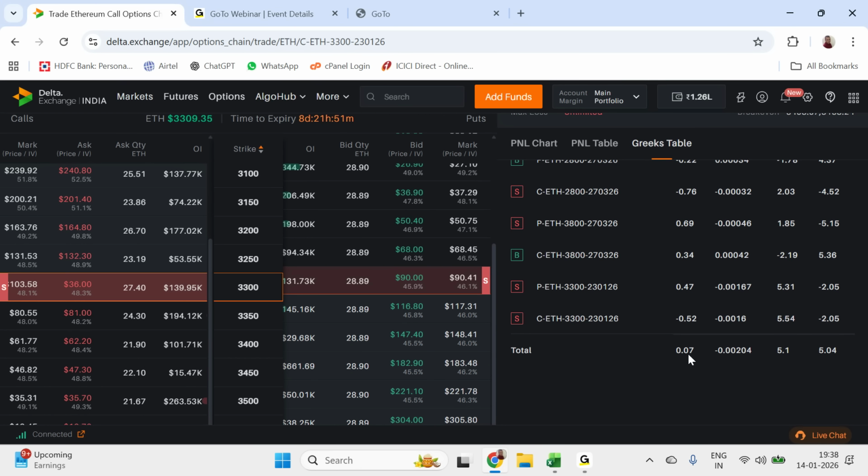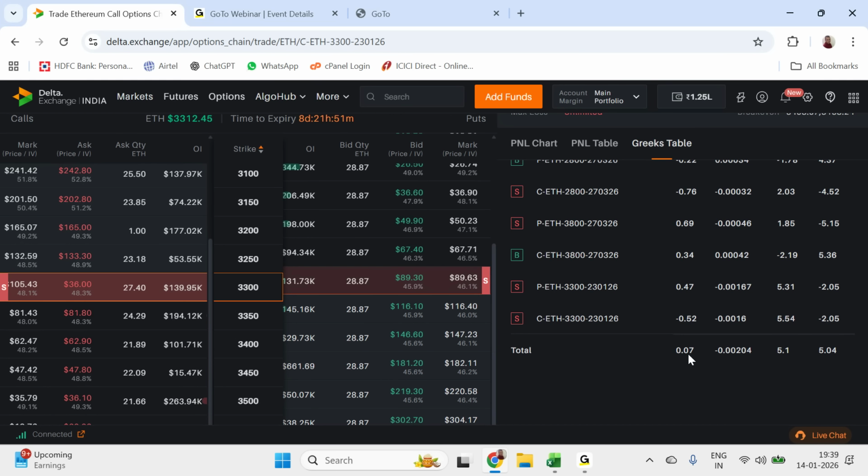Again I repeat, when you increased the long straddle or long strangle quantity by 50%, it was 0.09. Now you are not increasing that, you are just going with a weekly option sell, 0.07. So in theta terms it is varying. Initially theta was 22, 23.